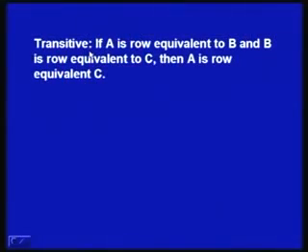The third is the transitive property. It says that if A is row equivalent to B and B is row equivalent to C, then A is row equivalent to C. So, now I have three matrices. In reflexive, I have one matrix which is equivalent to itself. In symmetric, I have two matrices, they are equivalent to each other.